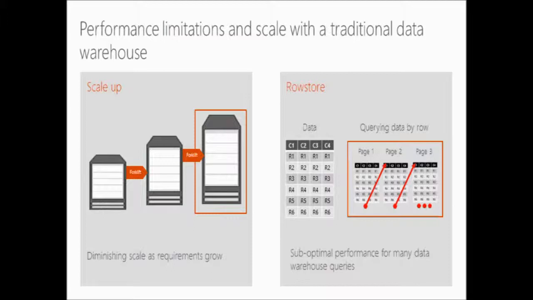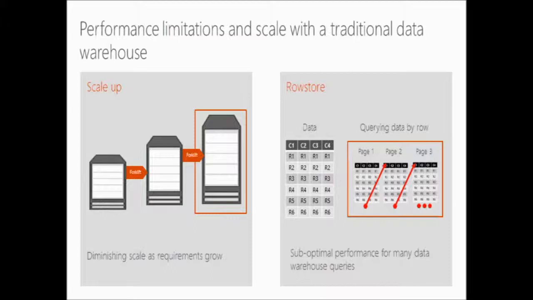If you think of a traditional data warehouse system in terms of hardware and software, when you have more data, or when you need faster results from your data warehouse system, what you do is forklift your hardware. What I mean by forklifting is you are increasing your CPU, memory, disks, and other components.